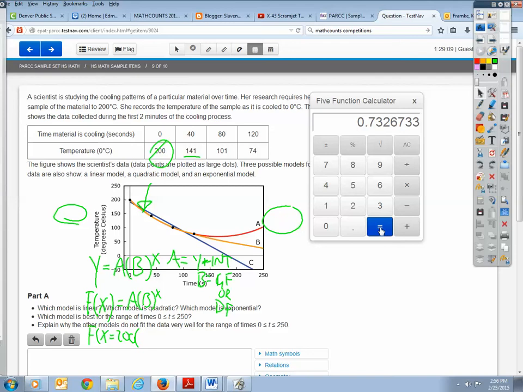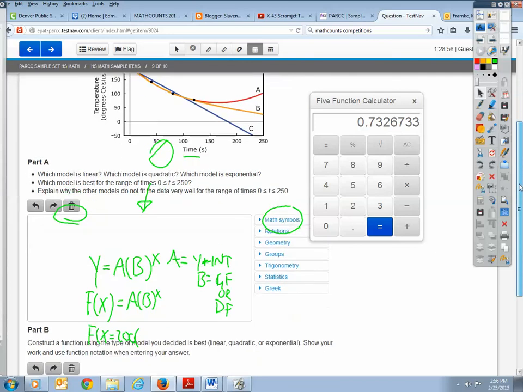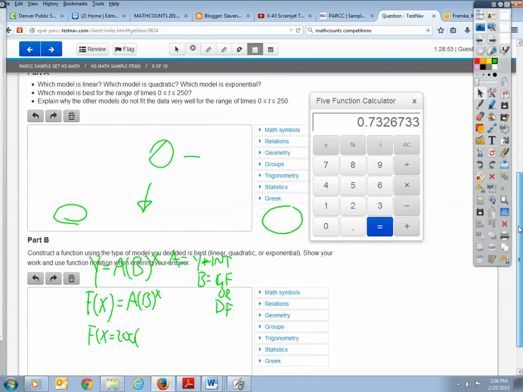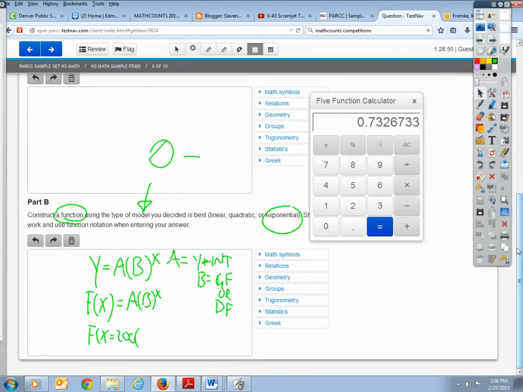But then the problem becomes, I don't have a rate of 1 up here, do I? All right, so the way I would get around this would be, there's part B. So what I would then do is, I would say that my decay factor, in this case, is going to be about 0.7, or maybe 0.71 to the x, where I'm going to say x is equal to groups of 20 seconds.